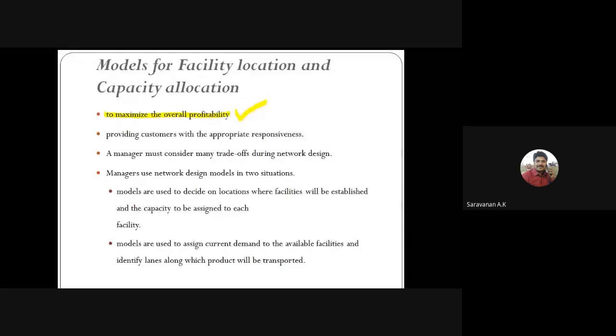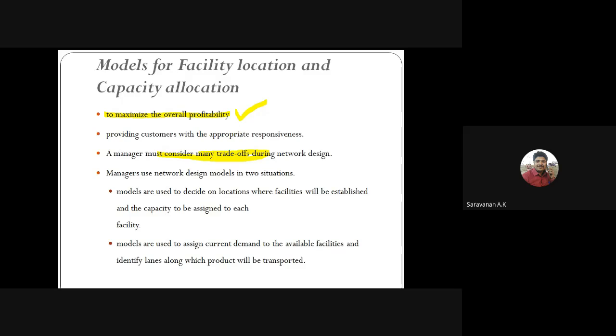The managers must consider many trade-offs during the network design, right? For example, creating many facilities to serve the local markets will reduce the transportation cost, and it will provide a fast response time to the customers.